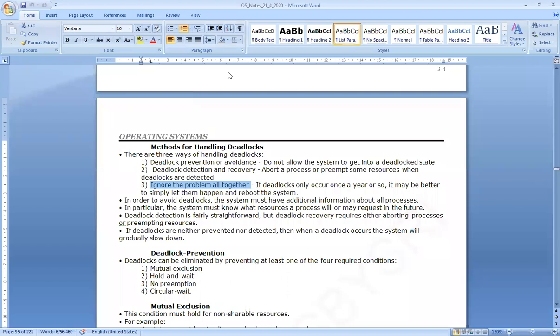That is called ignoring the deadlock problem itself. That is the third method, but preferably we prefer the first two methods, deadlock prevention and deadlock detection and recovery, and avoidance. Ignoring is not good, but still this is also one of the options for handling a deadlock situation.